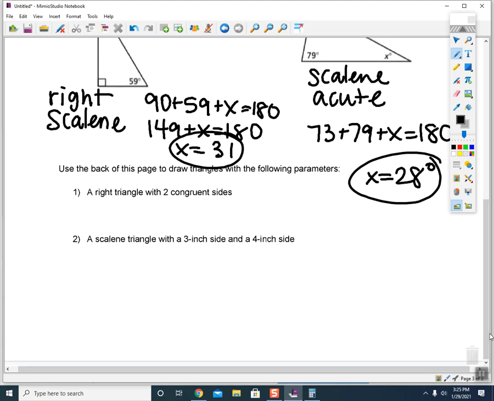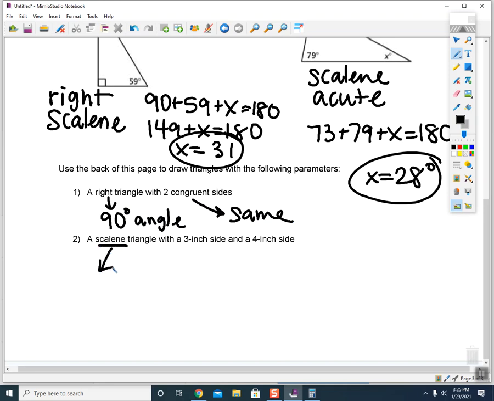Okay, the last thing that I want you to do, and I'll just have you do this on your own, is I want you to create a right triangle with two congruent sides. So right triangle means that there needs to be a 90-degree angle. Congruent means same. So I need a 90-degree angle with two sides that are the same. And then we want a scalene triangle.